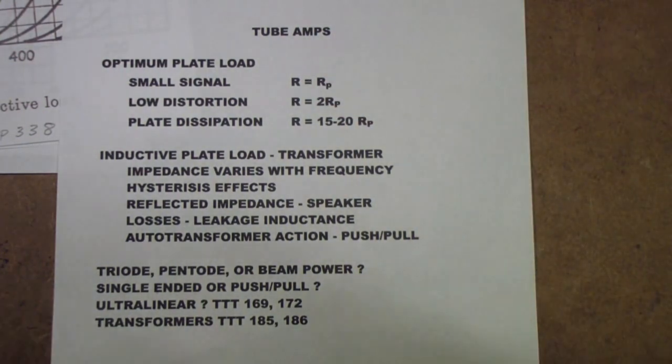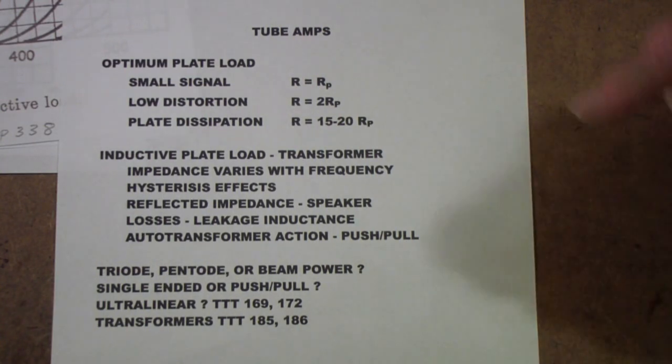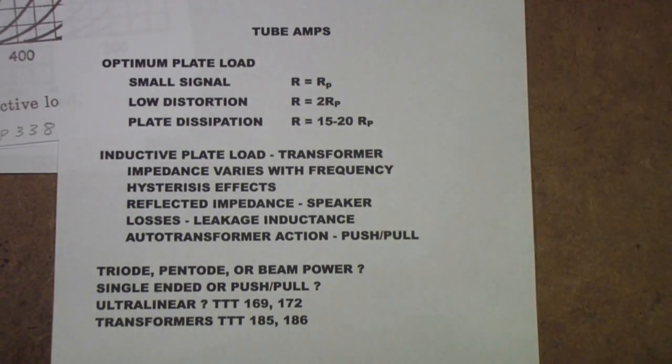Now, if plate resistance doesn't make a lot of sense to you, go back and watch my video on tubes. I think it's 081 or 082. One is on how tubes work and the other is on vacuum tube circuits.